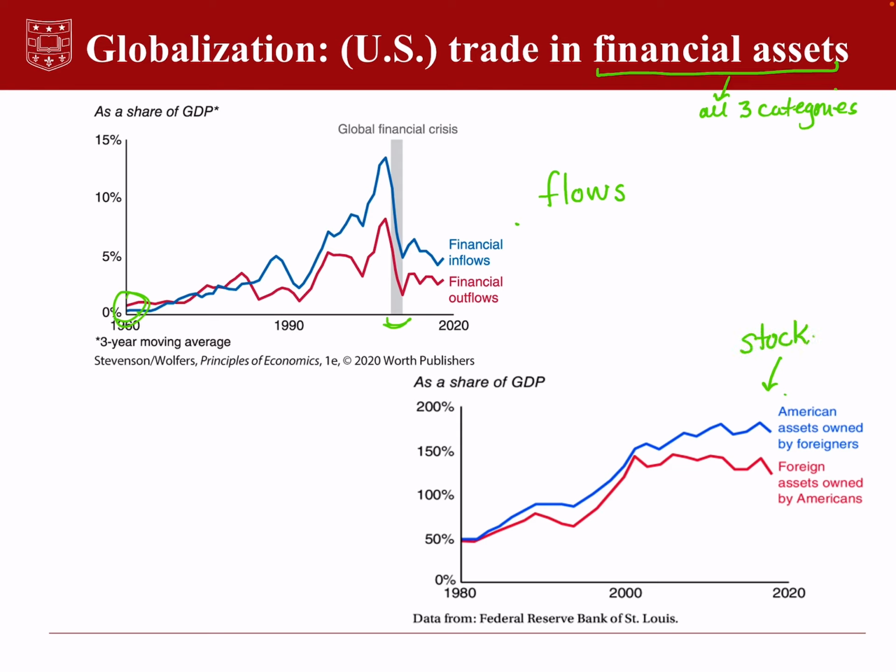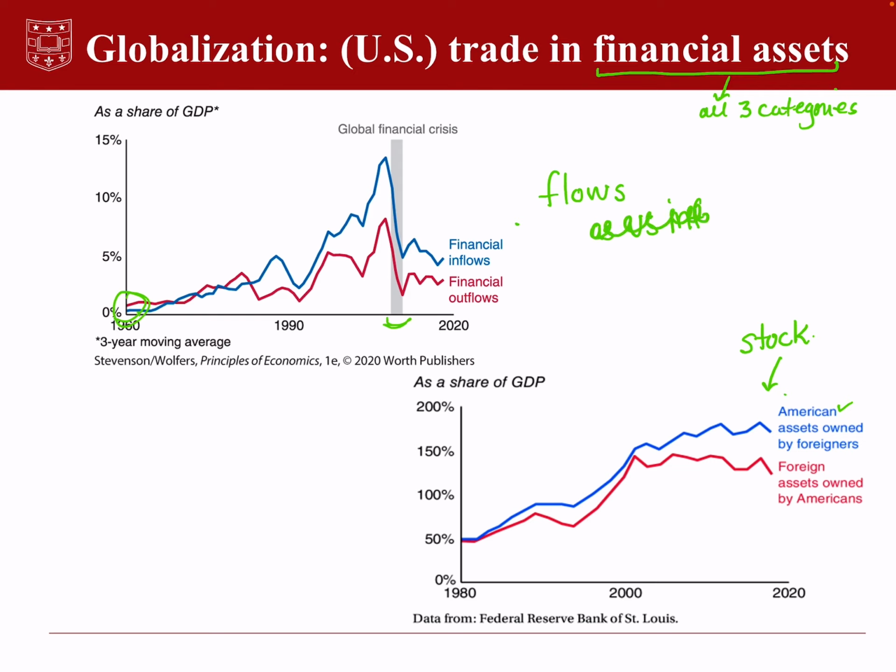And so this is the stock of assets, or the total amount of assets that are U.S. assets owned by foreigners in the blue, and the total stock of foreign assets that are owned by people in the U.S. in the red. And so as we acquire assets, as say the U.S.